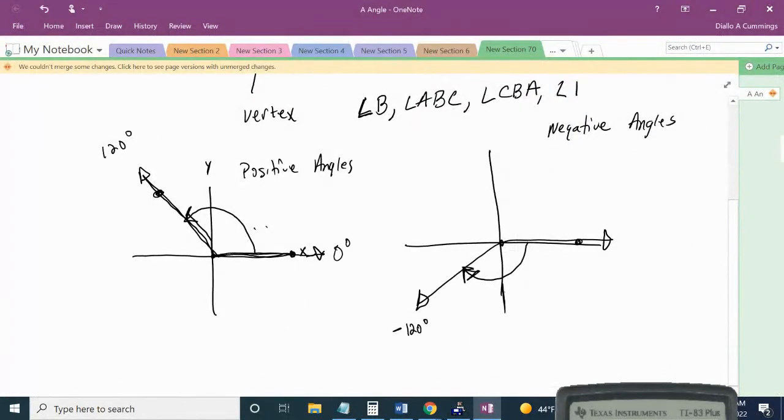Here I have 0 degrees, here is 90 degrees, 180 degrees, 270 degrees, and then 360 degrees for one complete rotation.